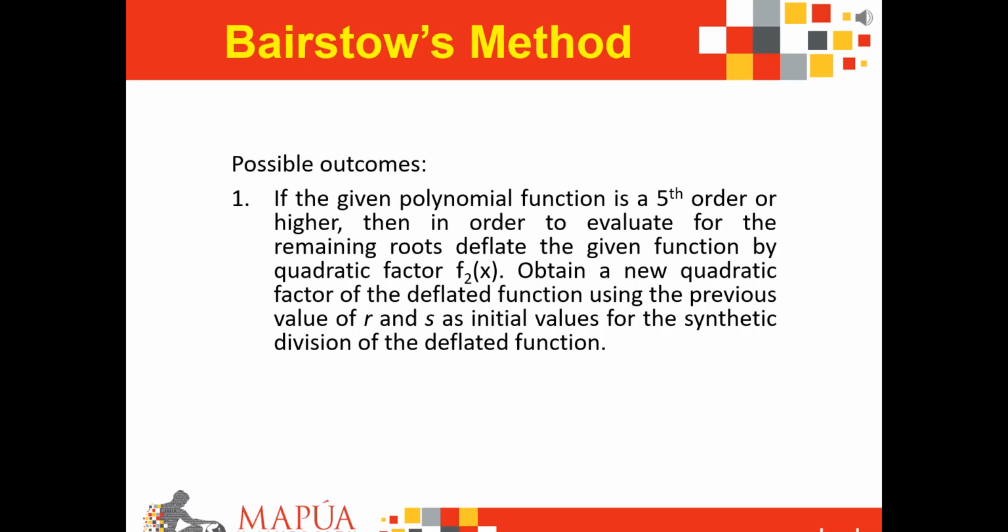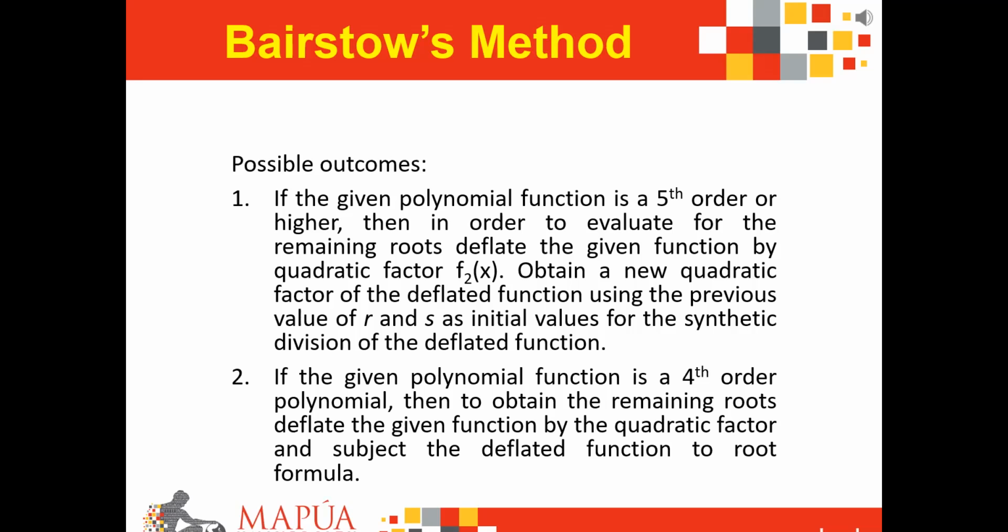In order to evaluate all the roots, after obtaining a quadratic function f2 of x, you simply deflate the function, which is a fancy term for polynomial division, and then apply the factors R and S that you have previously computed to your deflated function, and then use Bairstow's method again to solve for the remaining roots.